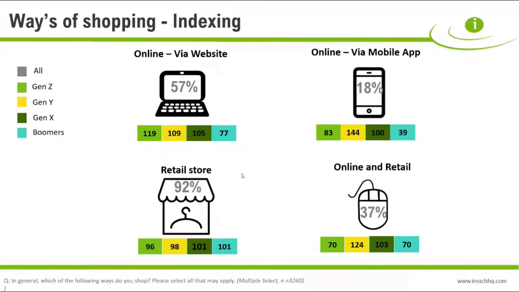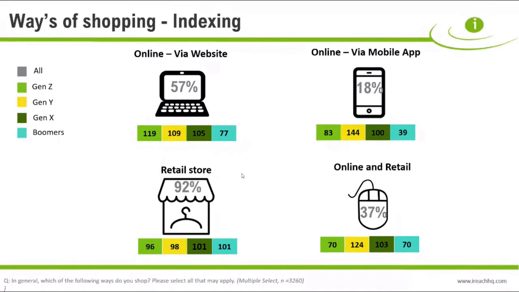So they're likely to be more cash orientated. But again, we do see from other studies that they're much more suspicious about purchasing directly with mobile apps, where we see Generation Y being way ahead, way over average, 144, and we see Boomers being massively under average at 39%.